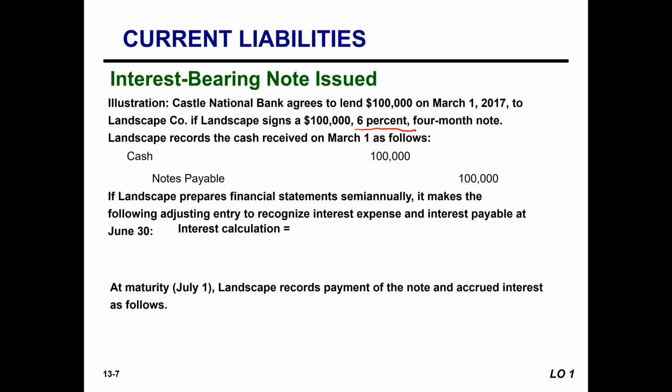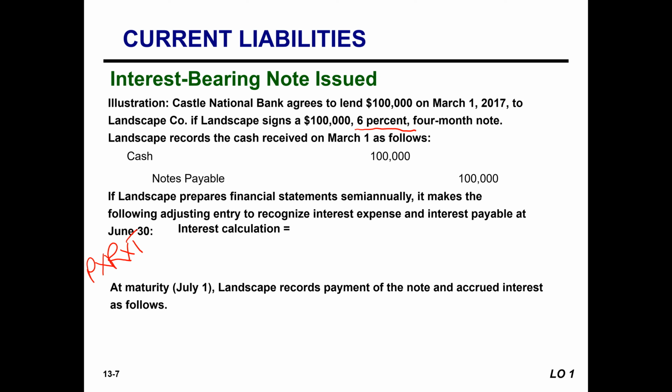It says if Landscape prepares financial statements semi-annually, it makes the following adjusting entry to recognize interest expense and interest payable at June 30th. Remember that the interest calculation is principal times rate times time, right?